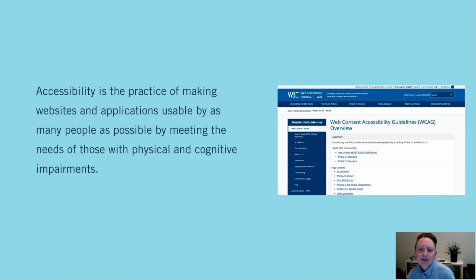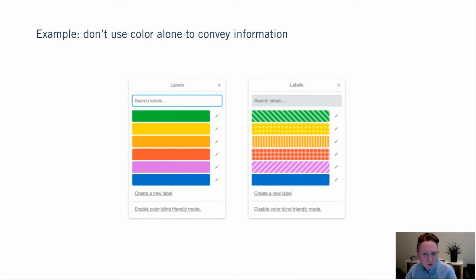And they're quite extensive, so there's a lot of content in there, but they really cover a lot of very important points and really help you make your designs more accessible, at least up to a certain level.